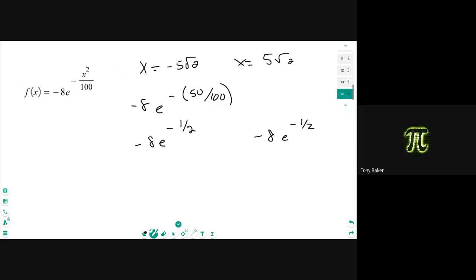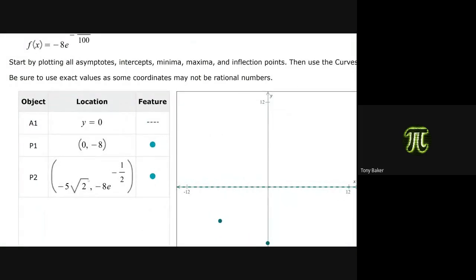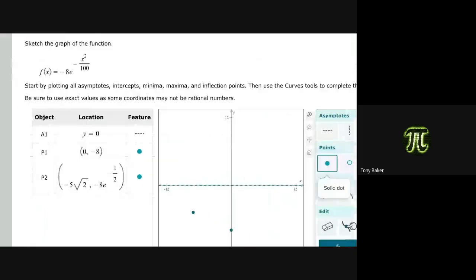So you actually can type it in just like that, like with the e and everything else.